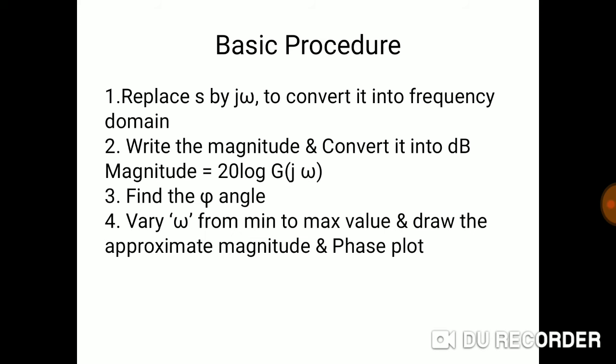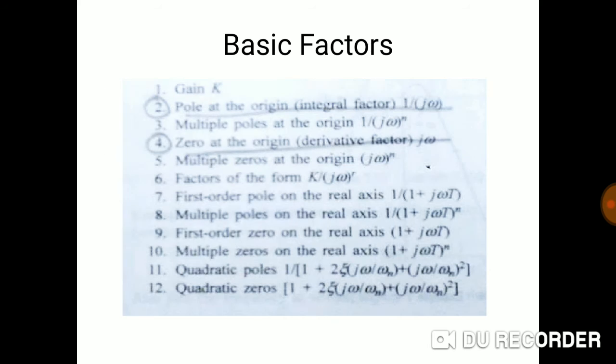We have to find them with the particular method for each. Then vary omega from minimum to maximum value and draw the approximate magnitude and phase plot. This is the basic procedure for drawing the Bode plot.